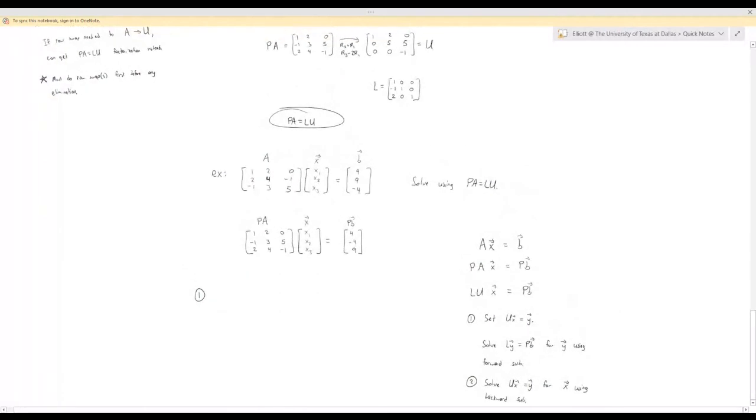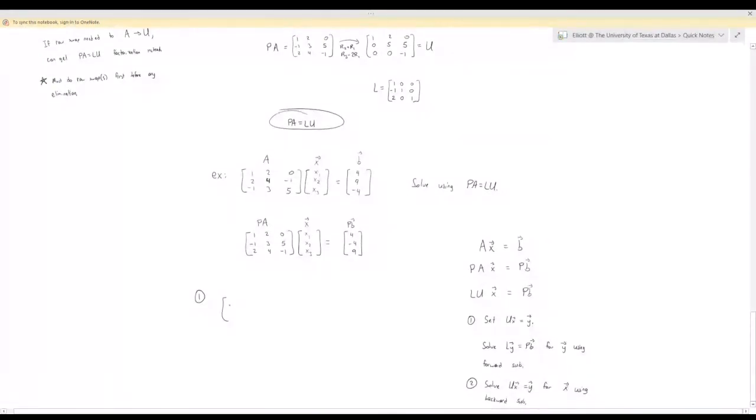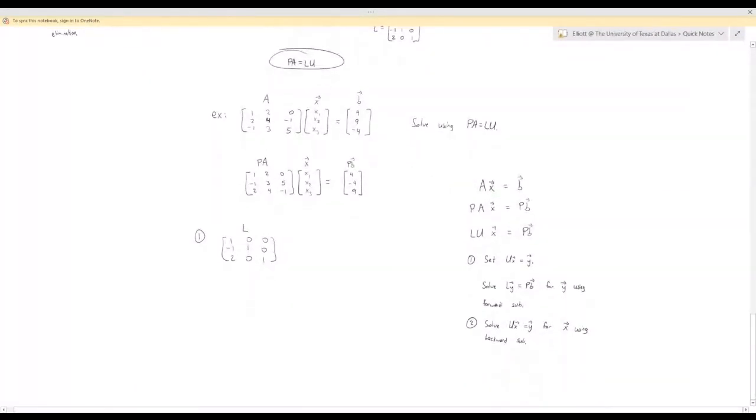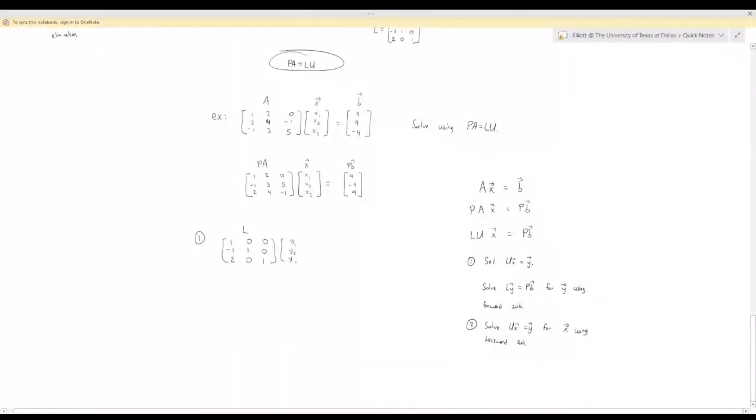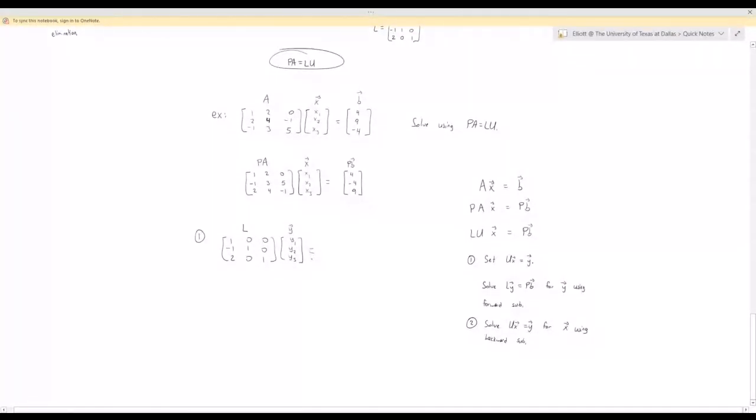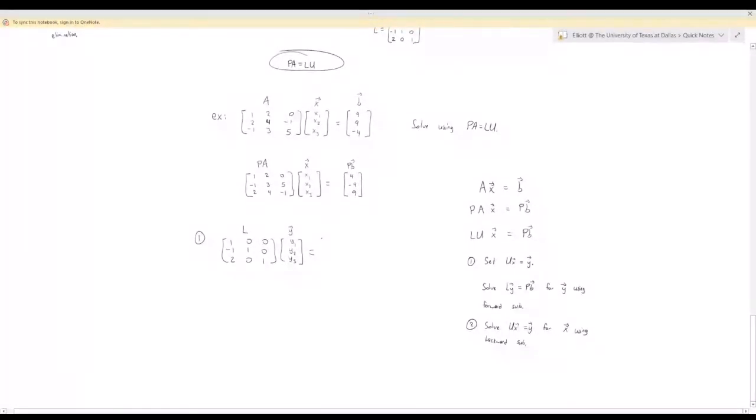So let's take the lower triangular matrix L that we found earlier. The first thing we have to do is solve LY equals PB. So Y, we'll just call it Y1, Y2, Y3. And here's PB on this side.